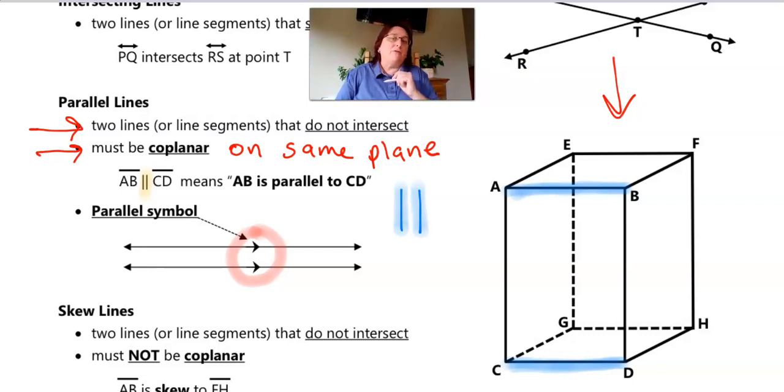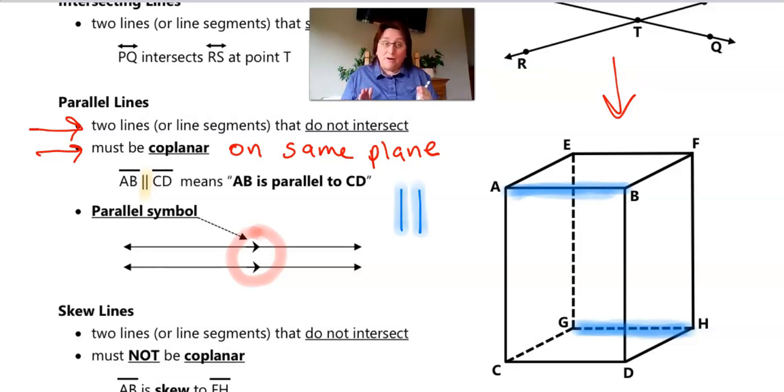Now I have a question for you. Is line segment AB parallel to line segment GH? What do you think?